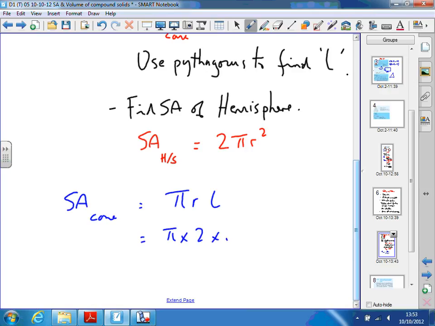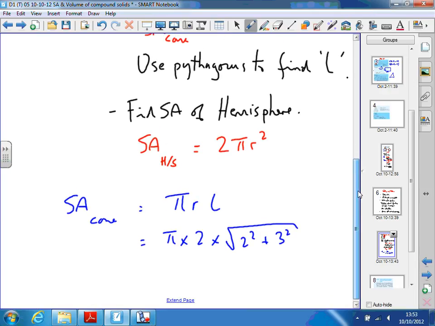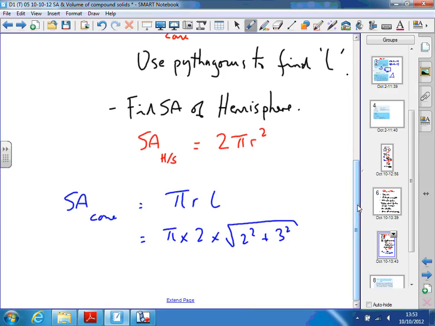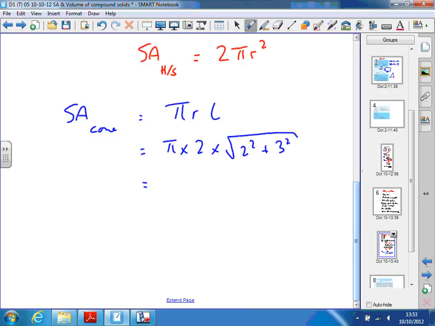What's L? It's the square root of 2 squared plus 3 squared, because the height is 3 and the radius is 2. So you can do that in one hit on the calculator to end up with the surface area of the cone, which turns out to be 22.62 square centimetres this time, because we're finding an area.